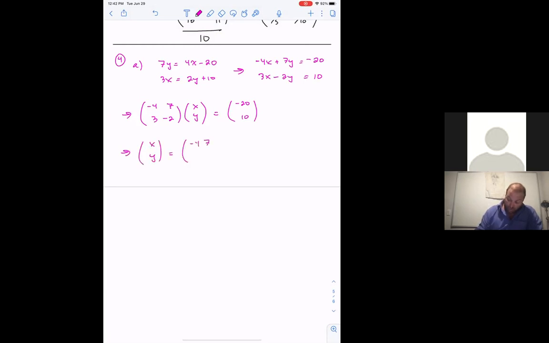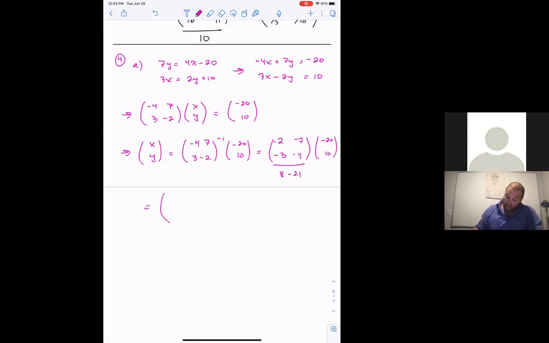So negative 4, 7, 3, negative 2 inverse times negative 20, 10. How do we get the inverse? We flip those. We negate those. And then we divide by the determinant, which is 8 minus 21, and multiply that by negative 20, 10.